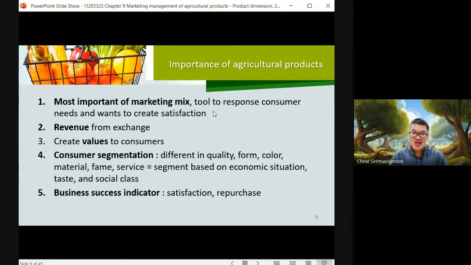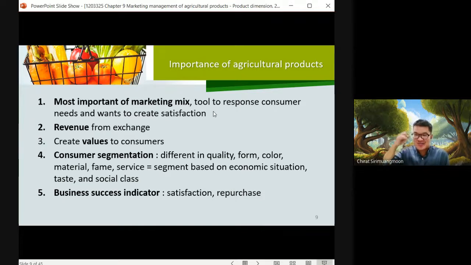Also when you have good product, you're going to have good revenue, like the outcome from the exchange. Think about when you have very good product, very high quality product, you can sell it at a very high price. Then you also create the values to consumers.